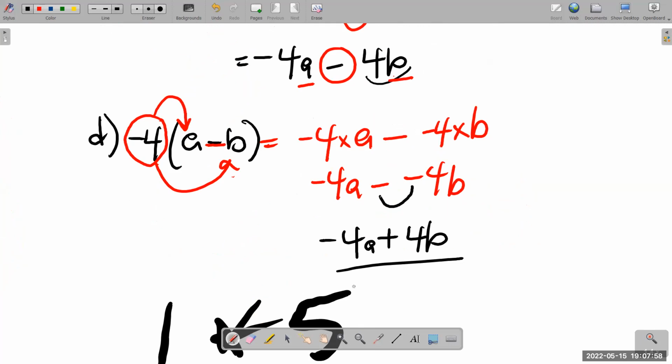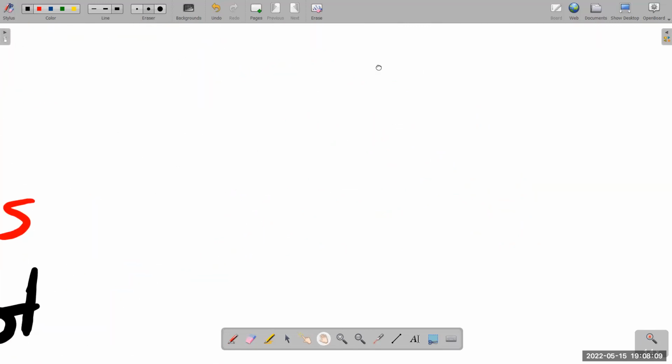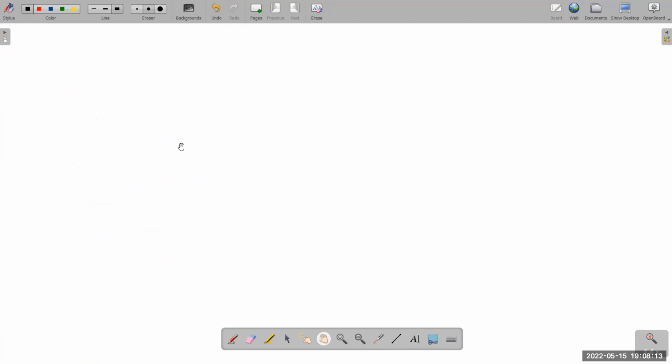All right. So we're good to go with the single brackets, regardless of whether it's positives or negatives that we're multiplying by. Now we're going to head into the negative brackets. I'm just going to do a quick demonstration with the negative brackets. Then we're moving on into algebraic fractions, which I know for a fact we struggle with.